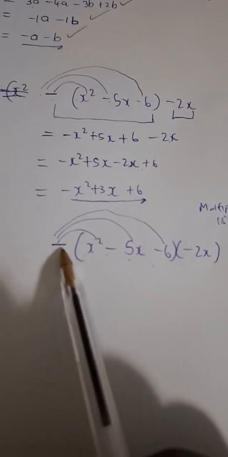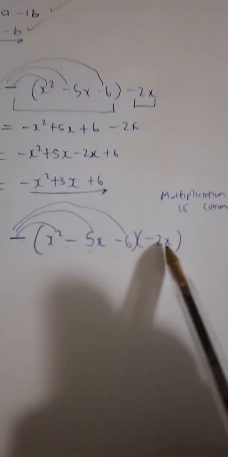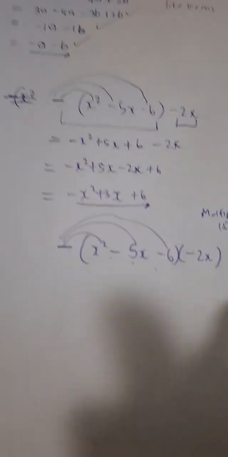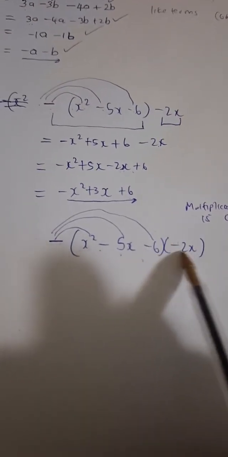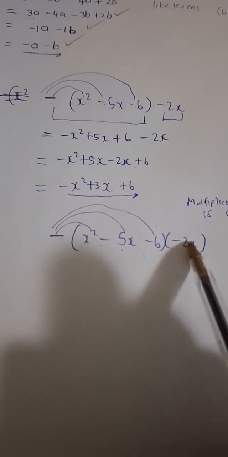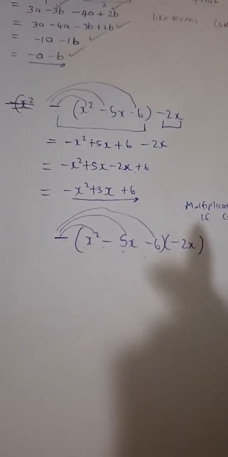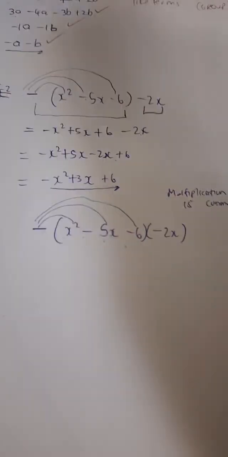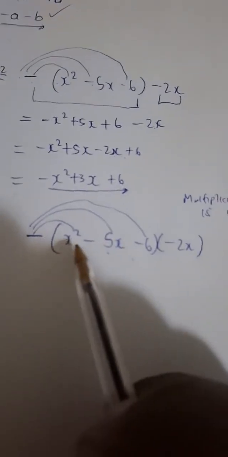So what I'm saying, you can take this negative and distribute it for the first 3 terms. Then after you are done, you take the negative 2x and distribute it for the 3 terms. Or you could take this negative, multiply it with this negative 2x, get your answer in the bracket, and then take this and distribute it to the 3 terms. Either way, it will work. So I'm going to do both approaches so that you can see it works either way.